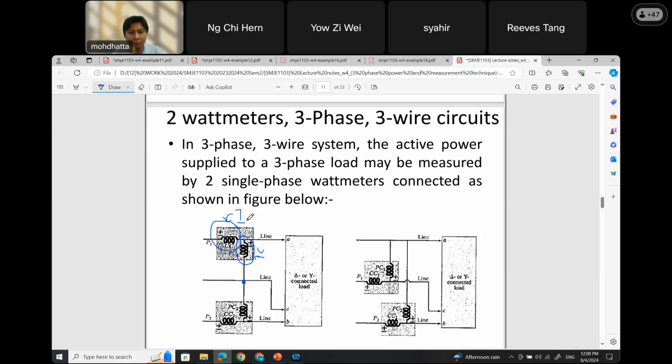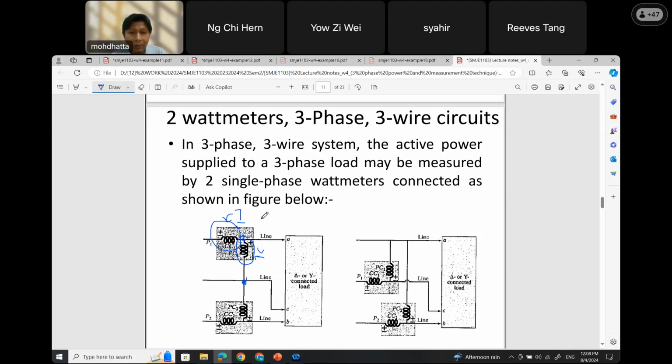So you just connect one over here and another one over here. Actually, it's 3 terminals. It's very easy to set up the wattmeter in order to measure 3-phase power.